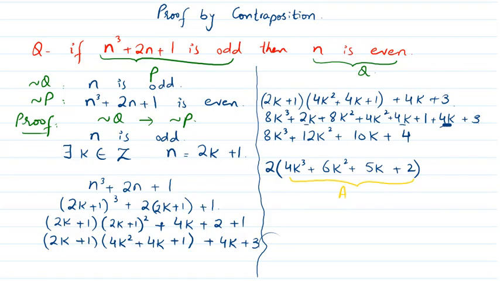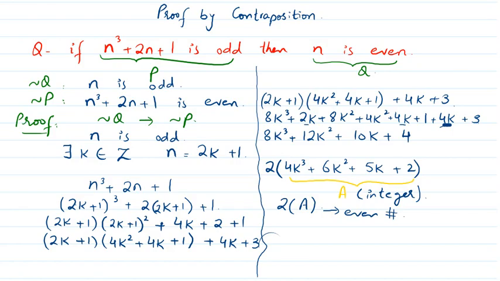Then finally I can say I'm going to have 2 times a. Now whatever this a is, which is for sure going to be an integer being multiplied by 2, this is going to be an even number. That's how it will be, right?